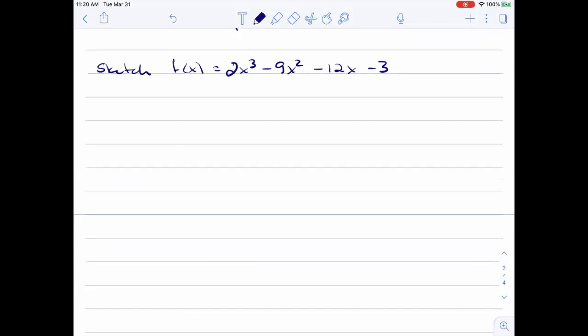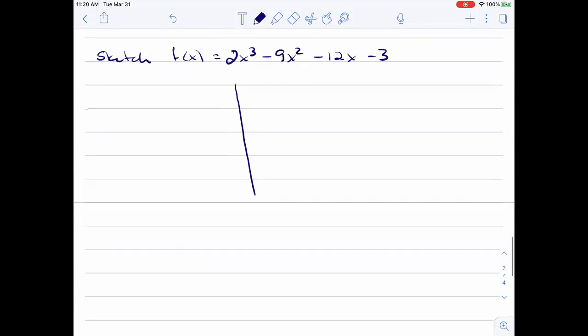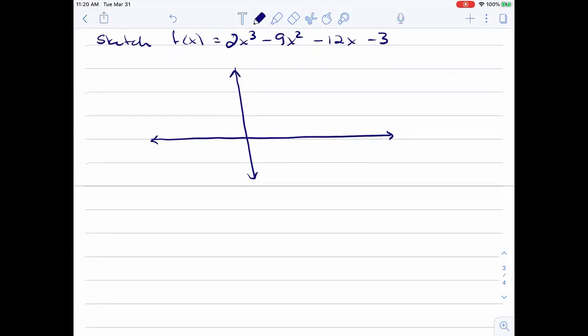It's probably not that great of a graph, but here we go. I know I've got critical values at 1 and 2 and an inflection point at 1.5. So what if I do 1 and 2 and here's 1.5?